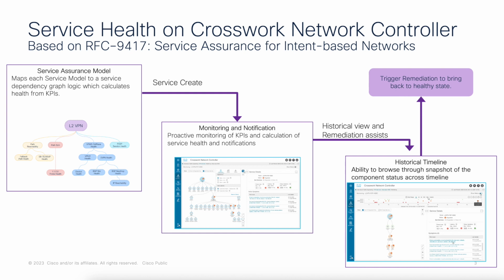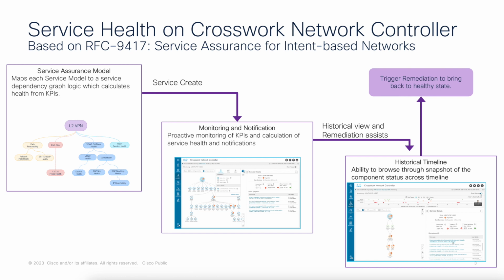We run them through the logic, or the assurance graph on the left that you see, and the end result is an up or down, good or degraded status. When there are degradations, we also show which particular component is degraded, in a textual format, so that the operator looking at it can understand what has gone wrong and potentially try to fix it, or call somebody from the escalations team who knows how to fix it.